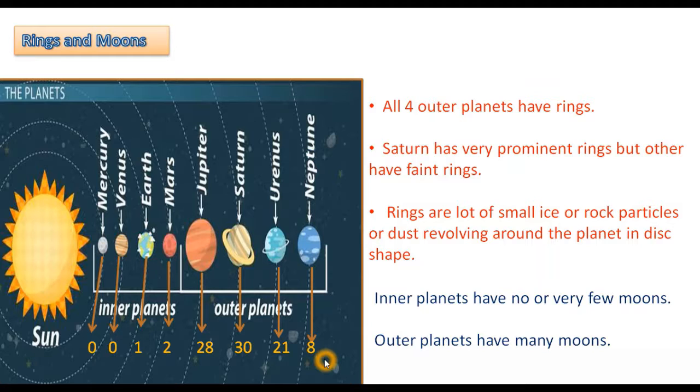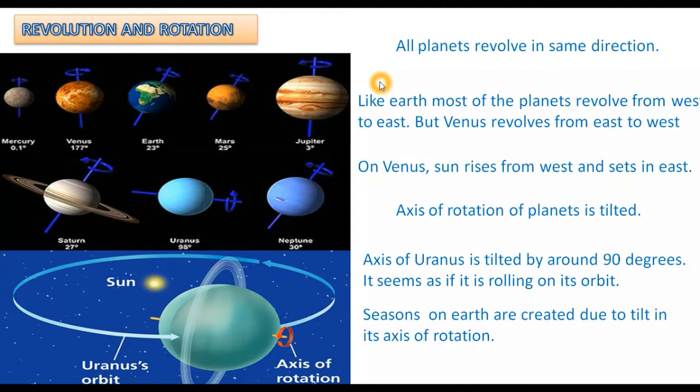Okay, and one more thing here is that all the planets revolve in the same direction. That means the planets move around the sun from west to east, right? So the relative position of the planets in the night sky keeps changing day by day. So planets keep changing their position with respect to stars in the night sky.